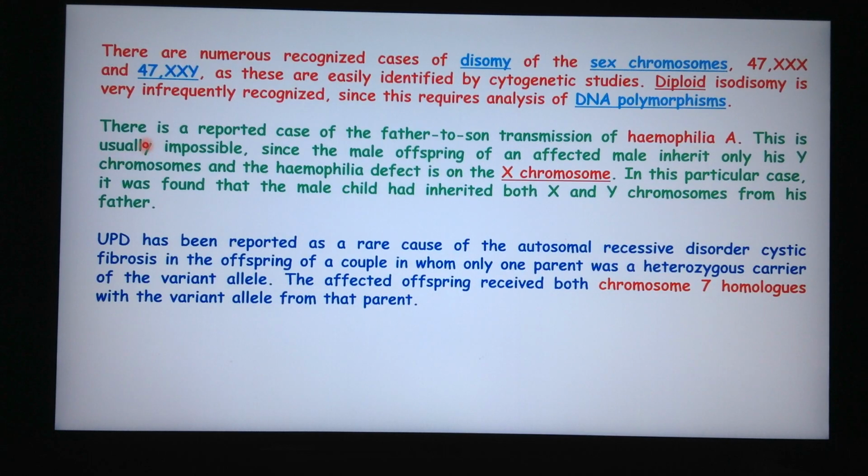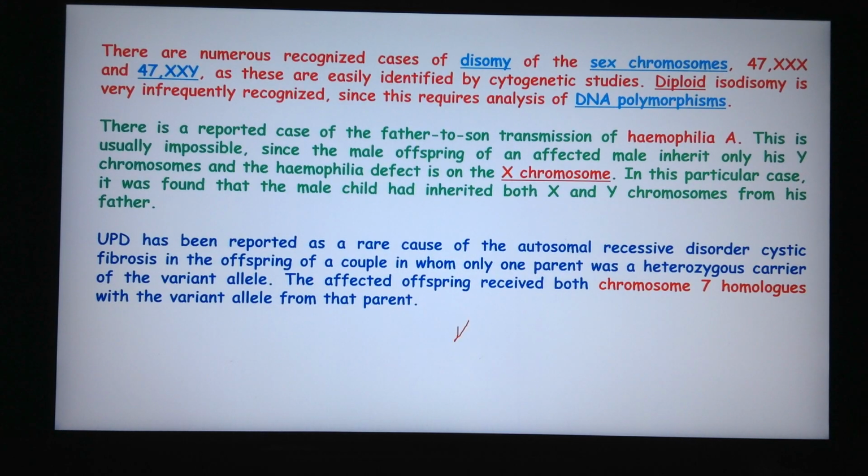There is also a reported case of father-to-son transmission of hemophilia A. Hemophilia A, all of us know, is an X-linked character, and in a male offspring, the X chromosome comes from the mother.